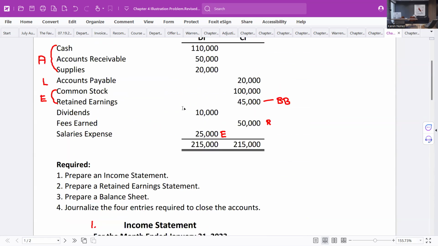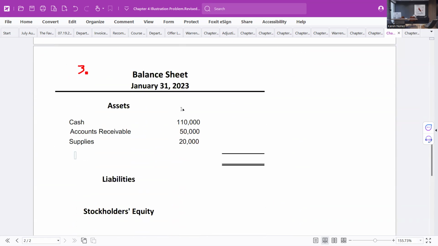And then we have a total, right? We don't have any other assets. We only have those three. So let's call this our total assets. Total assets, the sum of those three, that's $180,000.